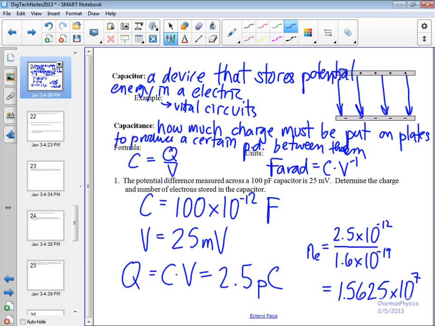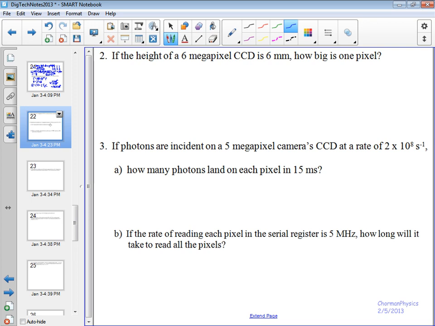So why do we care about capacitors? Why is it important that we can build charge up in a component in a circuit? Well, it turns out that there was this couple of guys at Bell Labs a little while ago, and what they were able to do, and this is on your note page there, was develop something called a charge-coupled device.